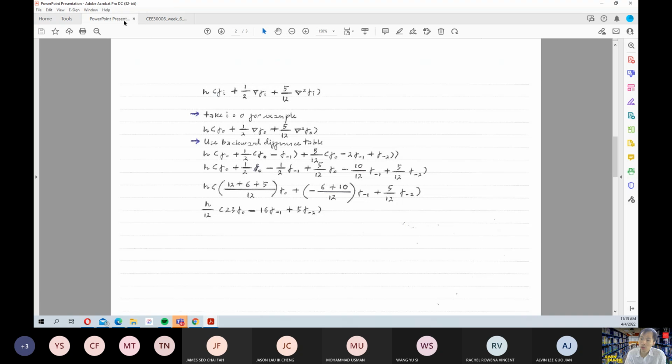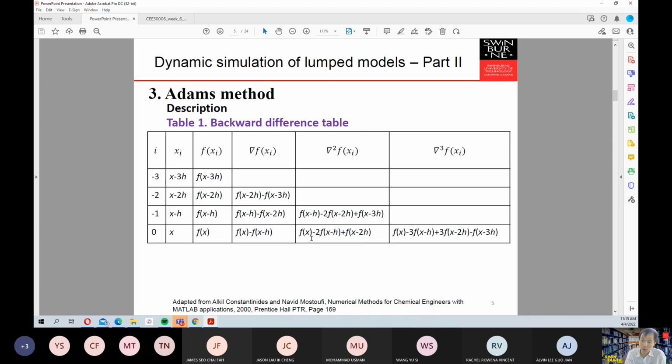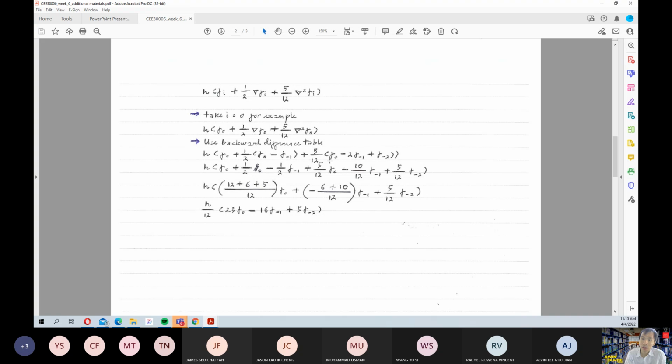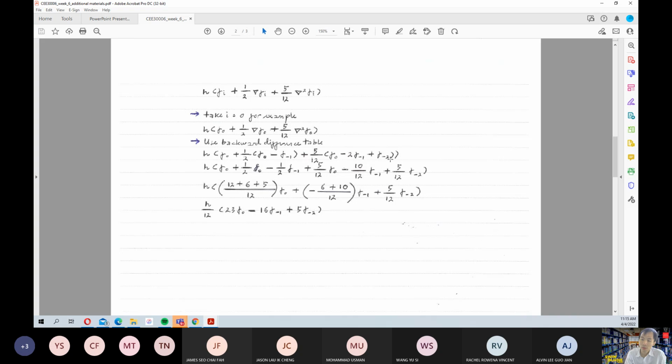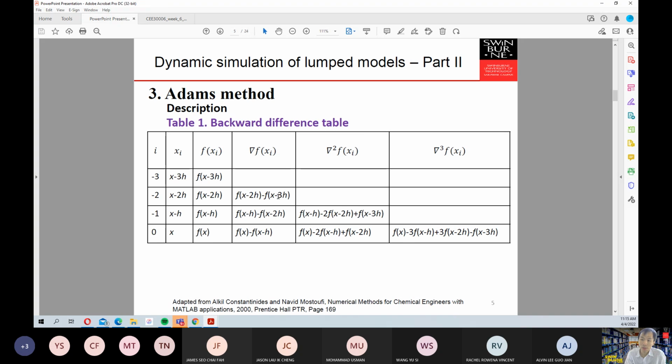What is this in here? You get this one from f naught minus 2 f minus 1 plus f minus 2. Correct? Then what did you do in here? You just need to break it up again, and then you merge the same terms together. Then you will get these terms in here. So that comes straightforward basically.